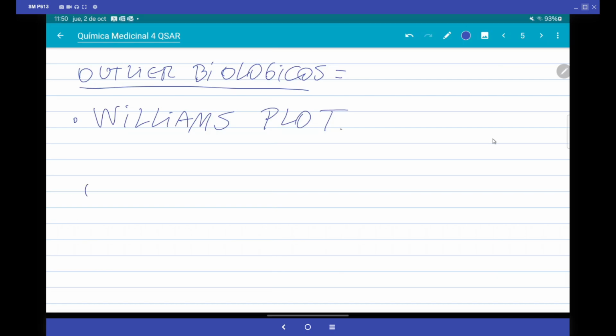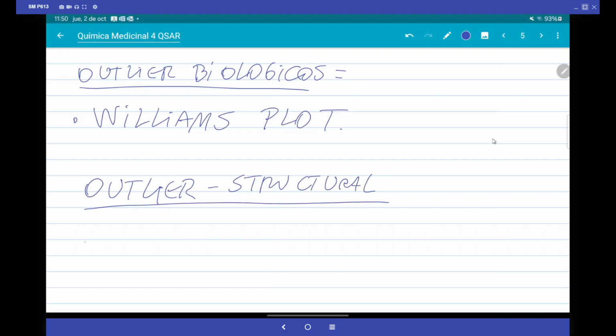And we can detect structural outliers with what is called the calculation of the Tanimoto index.